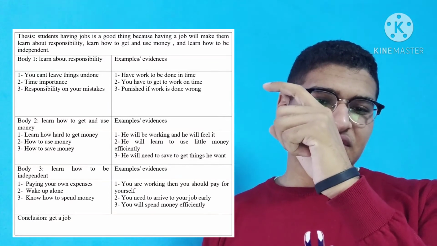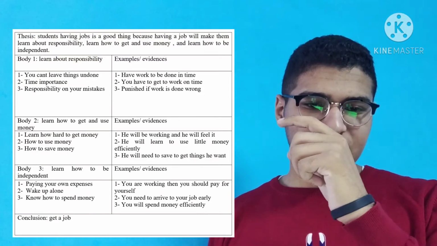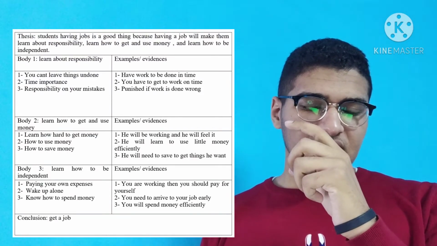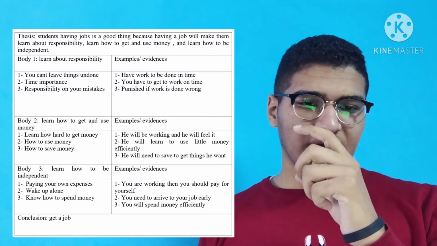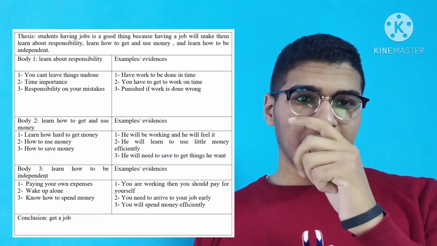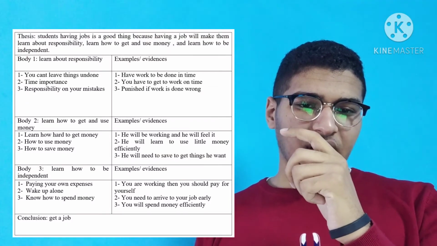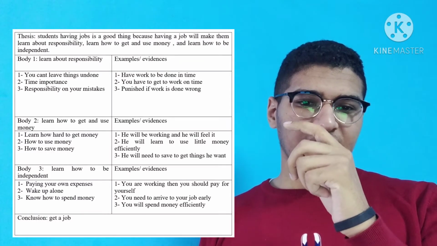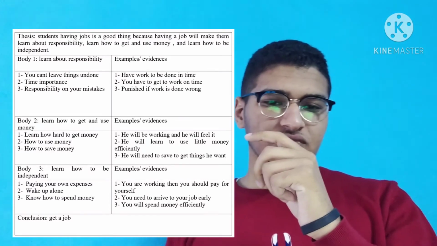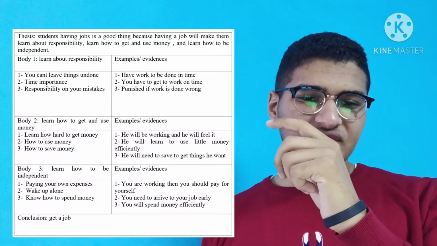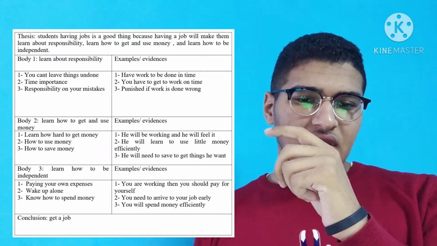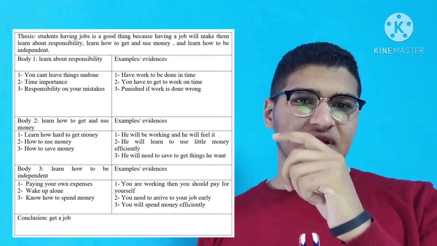And in the next row, you can see there are 3 points and 3 examples or evidence. There are 3 points because you should write at least 8 sentences: one topic sentence, 6 points and examples, and the last is the conclusion.